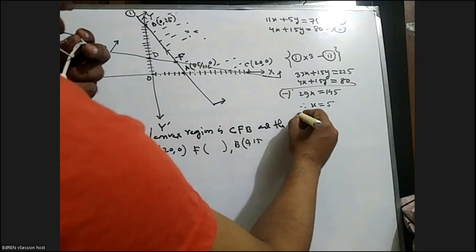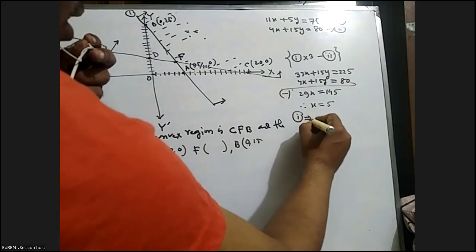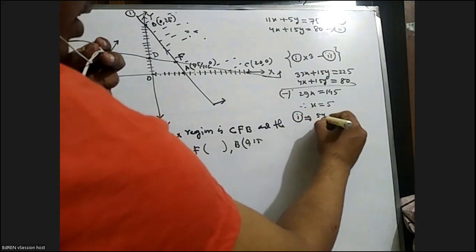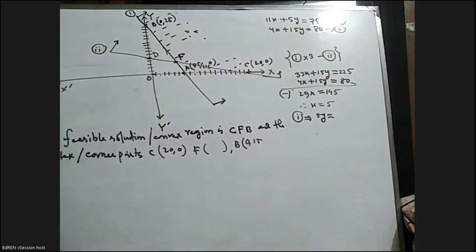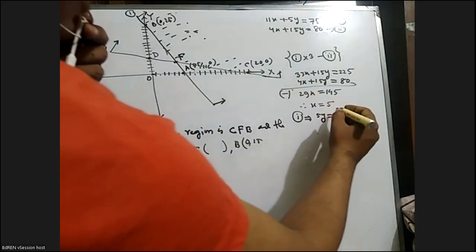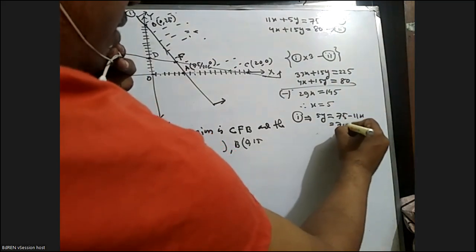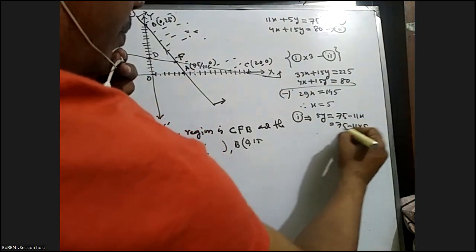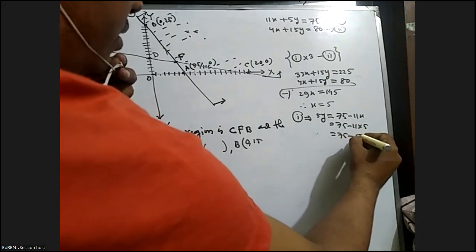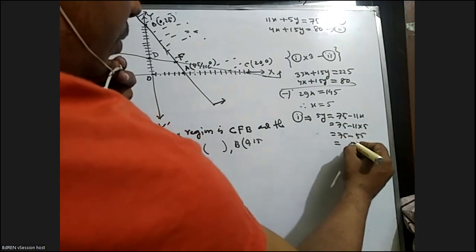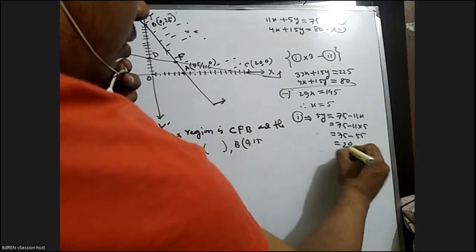Now putting the value of x in equation 1, 5y equals 75 minus 11x, so 75 minus 11 multiplied by 5, that is 75 minus 55, which is 20.